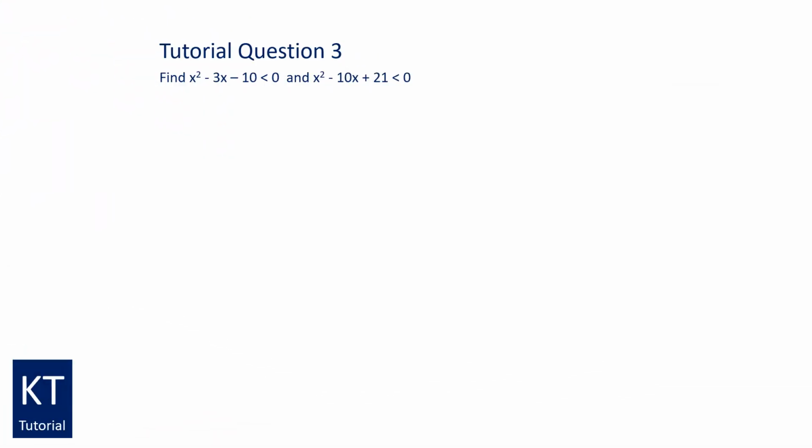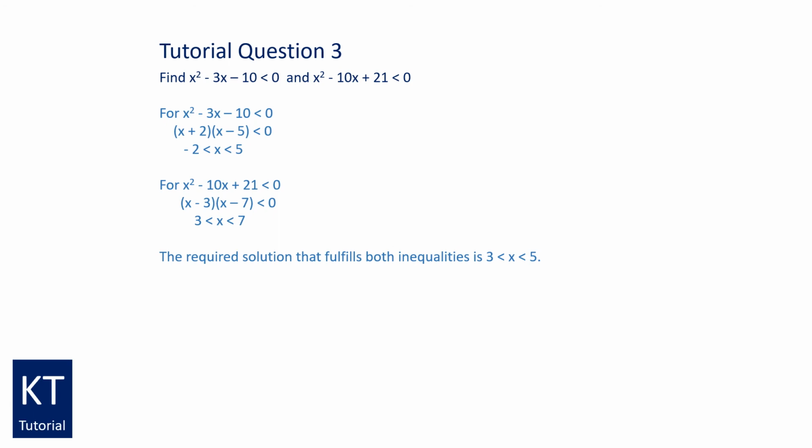Let's do this again using a different set of inequalities for tutorial question 3. Again, in independently solving for inequality 1 and inequality 2, the required solution is the one that fulfills both inequalities.